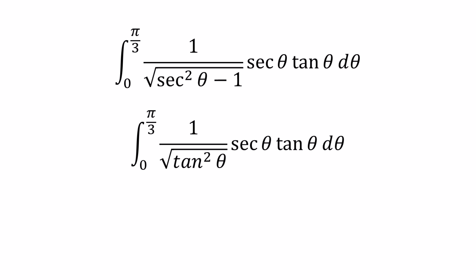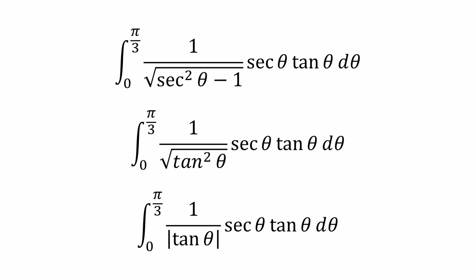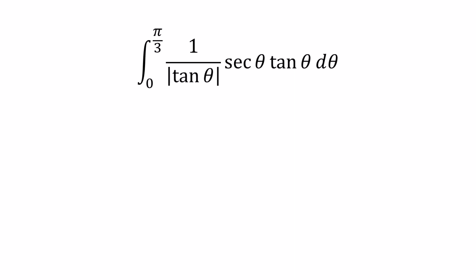Evaluating the square root then gives the integral from 0 to pi over 3 of 1 over the absolute value of tangent of theta secant of theta tangent of theta d theta. Since tangent is positive over the interval of integration, we can drop the absolute value bars.